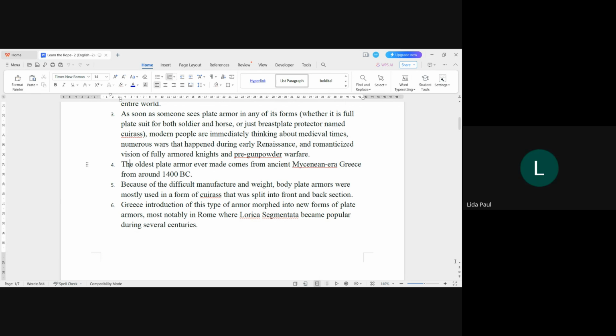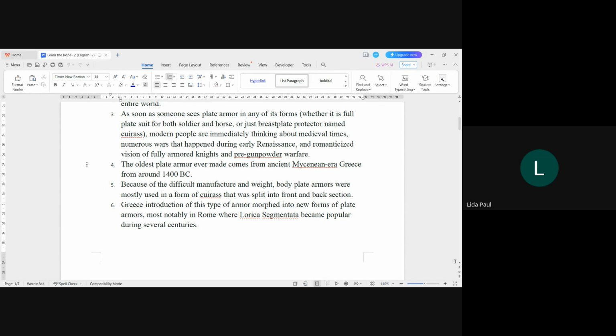Fifth one, because of the difficult manufacture and weight, body plate armors were mostly used in a form of cuirass that was split into front and back section. Mostly. Okay, mostly correct. Difficult?